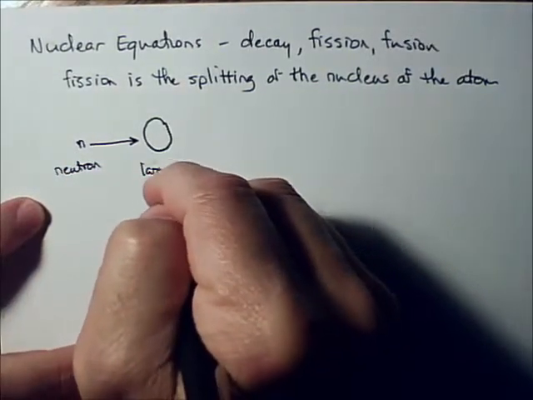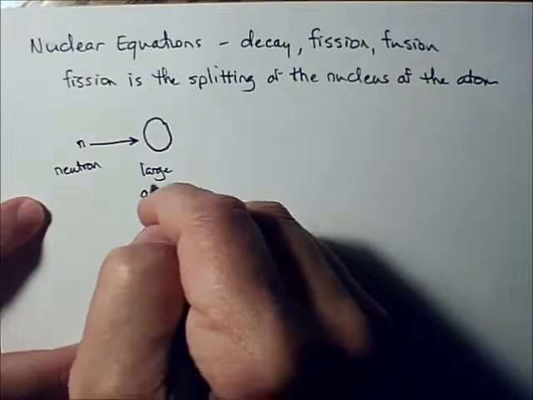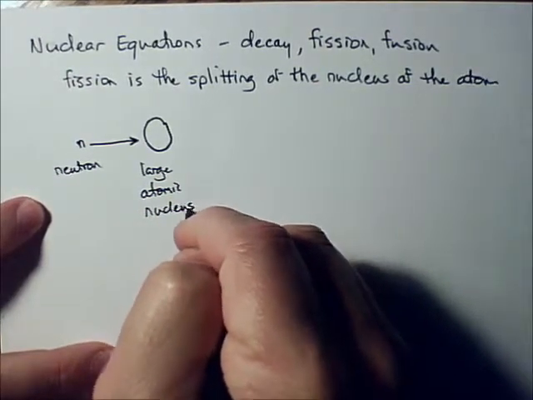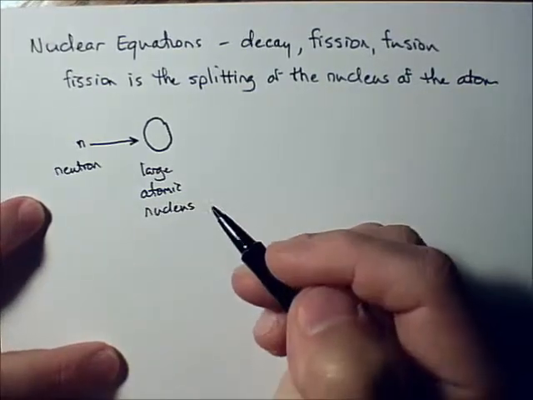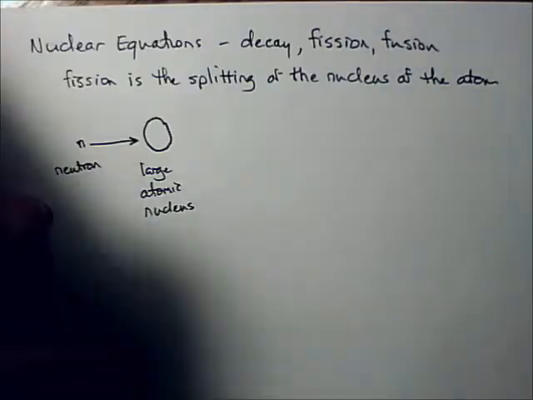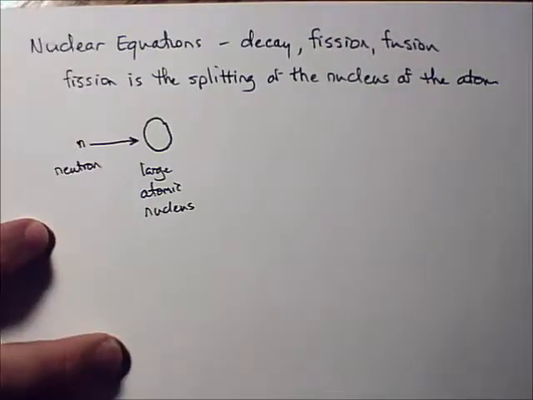And this is a large atomic nucleus, the center of an atom that's really large. And you hit it with this neutron. You don't hit it like a bullet splitting something. You put it on there and it just makes the thing even more unwieldy than it was before. Okay, so it's going to basically split in two.